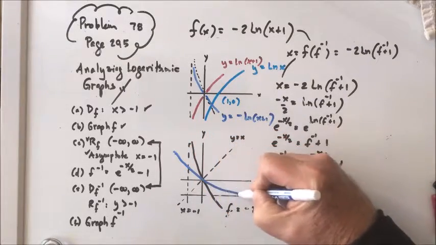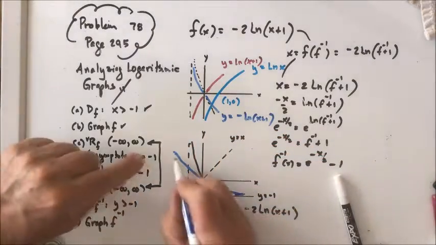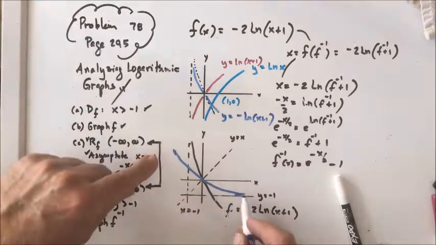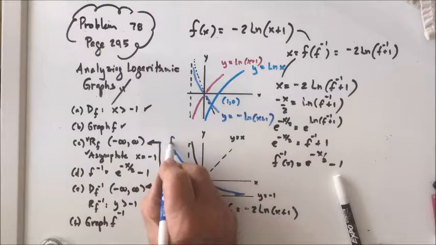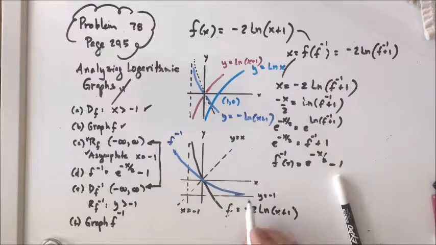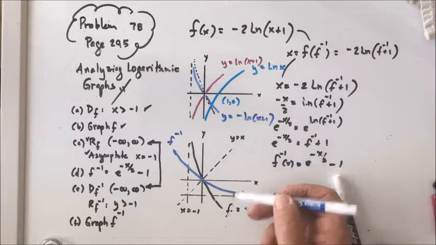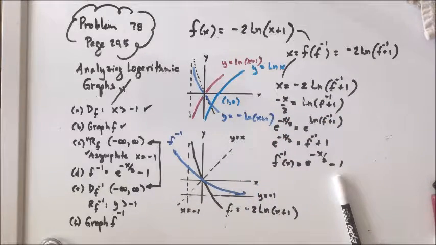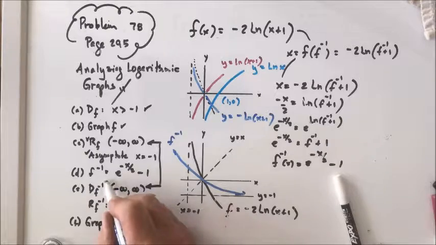Okay. So there is the reflection of f about the line y equals x. That's f to the minus 1. Sure enough, it has this limit to its range that y is greater than minus 1, as we expected. And so I think we've done everything asked of ourselves here. Good.